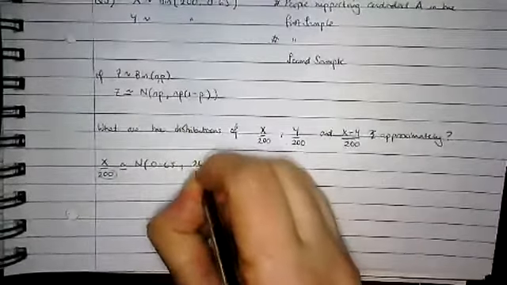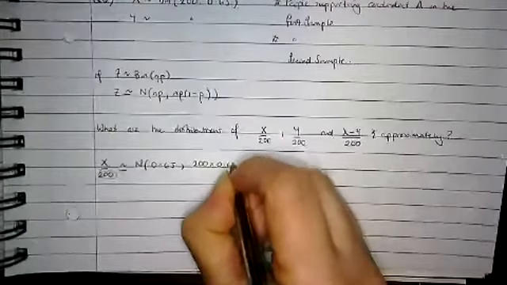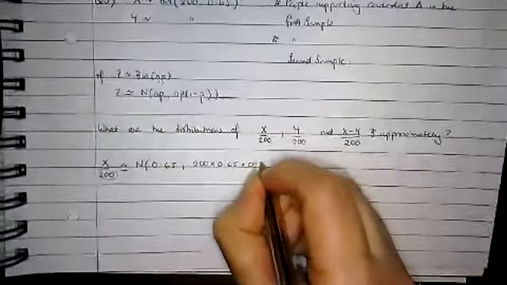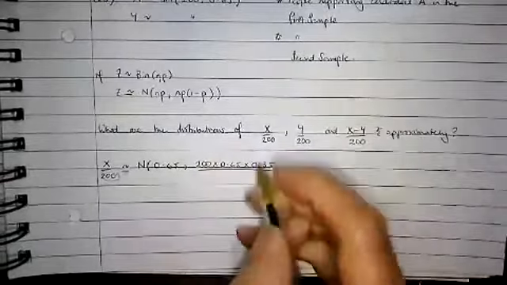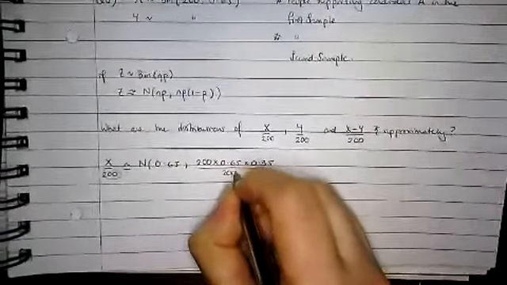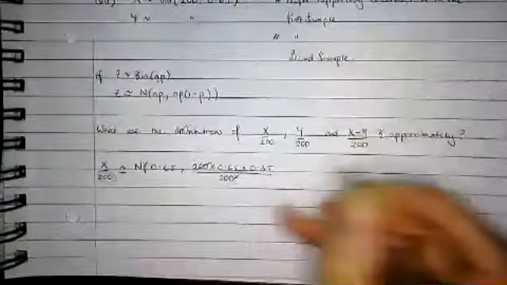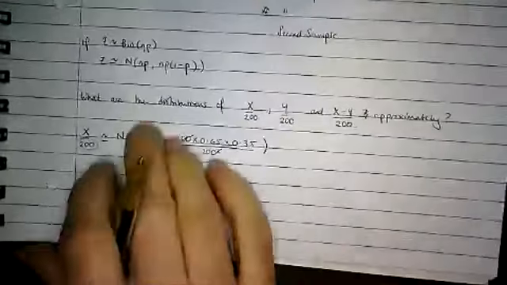So 200 times 0.65, 1 minus P is going to be 0.35, and then divide by 200 twice, so 200 squared. Okay, now this one and one of these are going to cancel out.